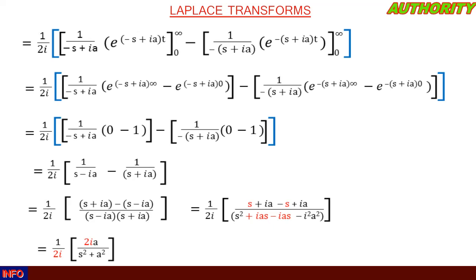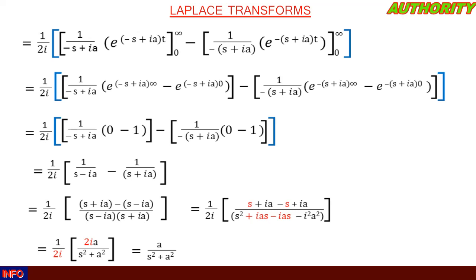Recall that i squared is minus 1, okay? So minus 1 multiplied by minus a squared will give you positive a squared. So here we have 1 over 2i in bracket 2ia over s squared plus a squared. So the 2i in the numerator cancels the 2i in the denominator outside, and we are left with a over s squared plus a squared.